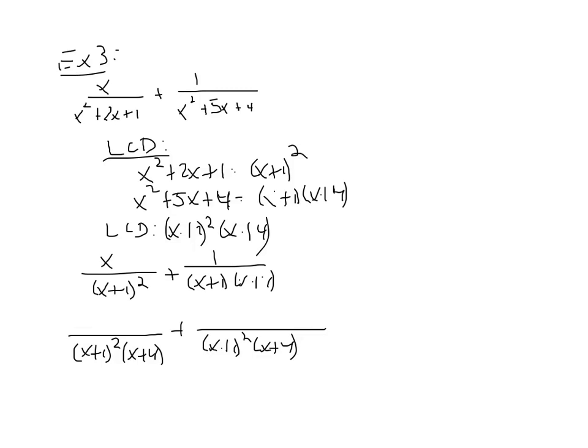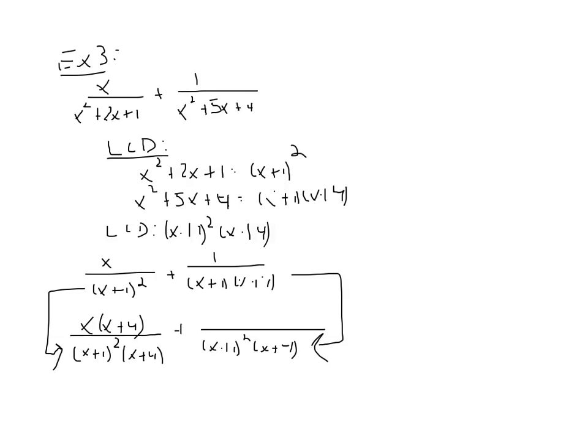All right, so how did I get from here to here? I clearly multiplied by x plus 4. And if I did it to the bottom, I've got to do it to the top. Here I clearly multiplied by x plus 1. And if I did it to the bottom, I have to do it to the top.